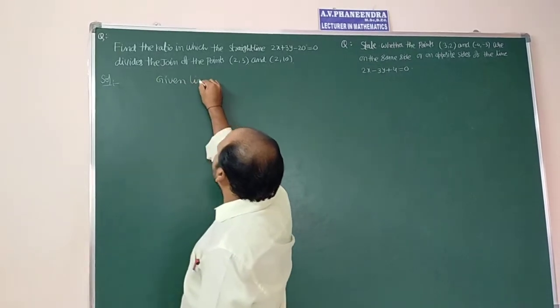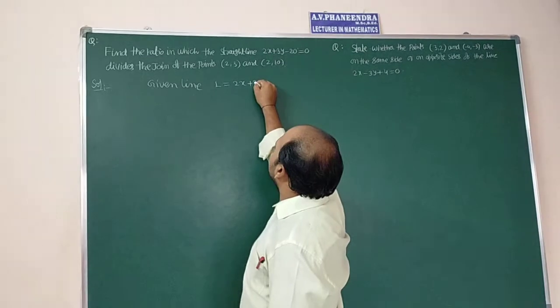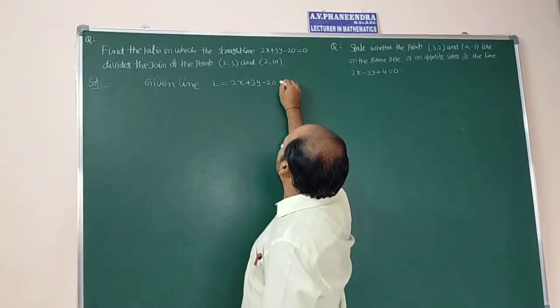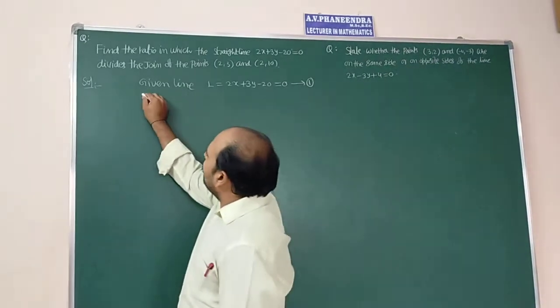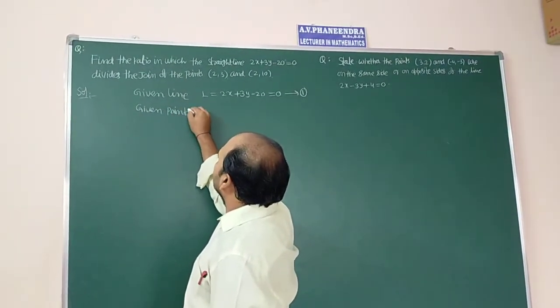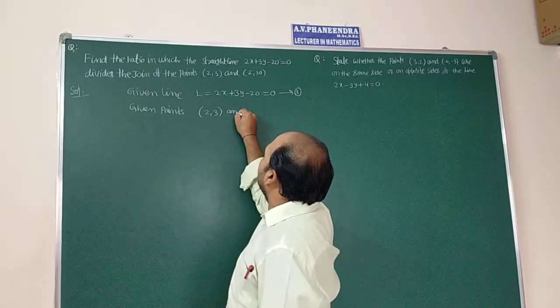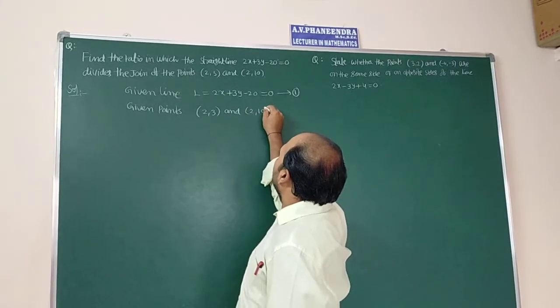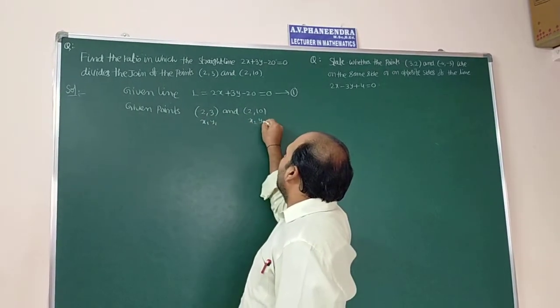Given line L equal to 2x plus 3y minus 20 equal to 0, equation number 1. Next, given points: the first one is (2, 3) and the second one is (2, 10). Name them x1, y1 and x2, y2.